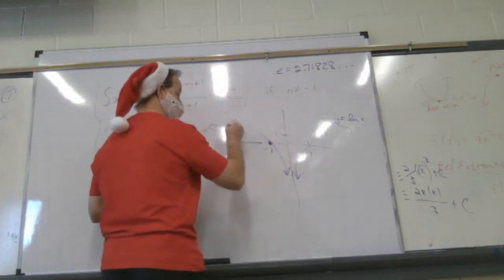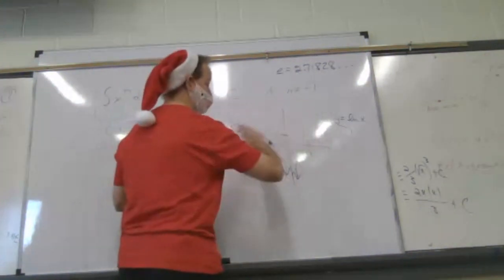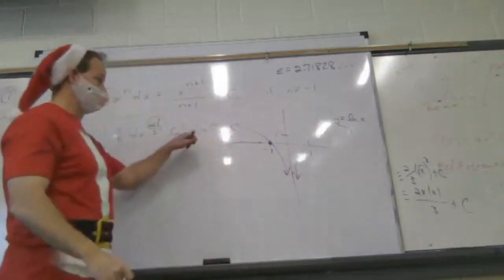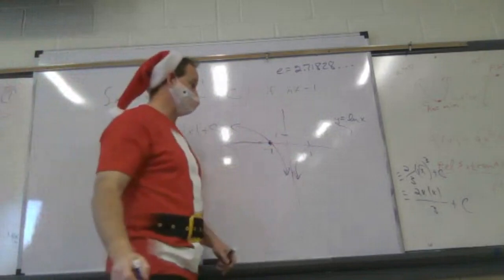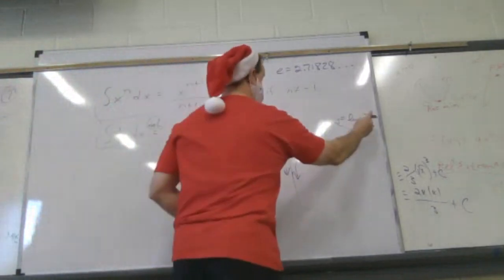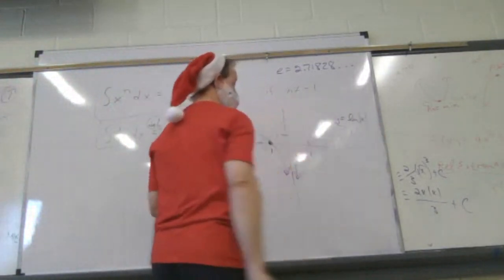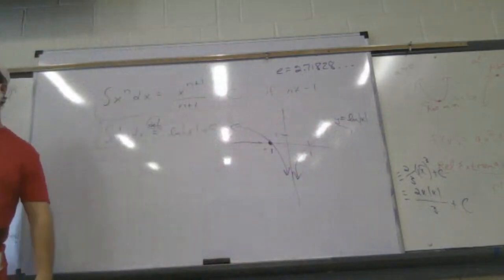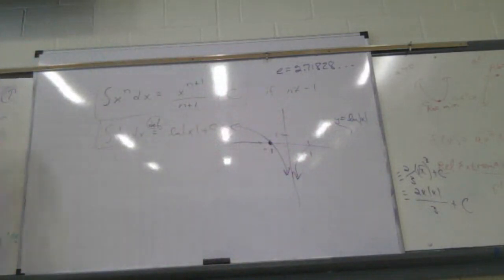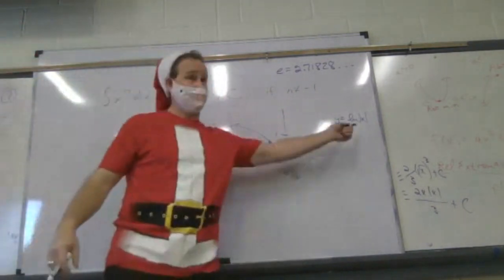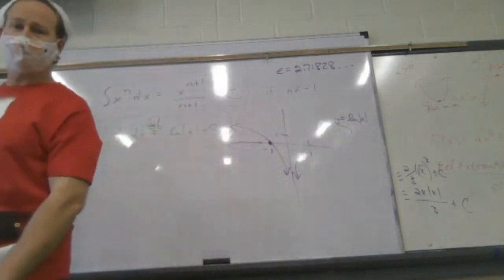And it would be a mirror image through the y-axis. So it would be a flip over, symmetric with respect to the y-axis. So y equals natural log of the absolute value of x looks like that. And of course, it's not defined at 0. The natural log of 0 does not exist.